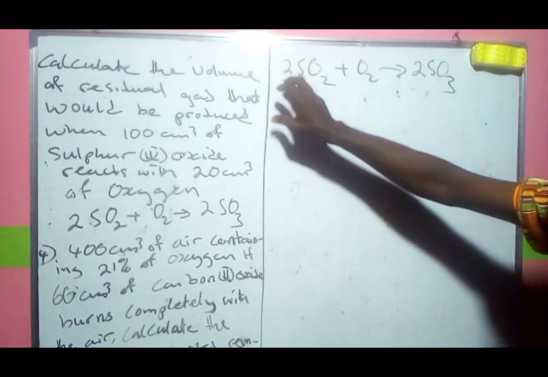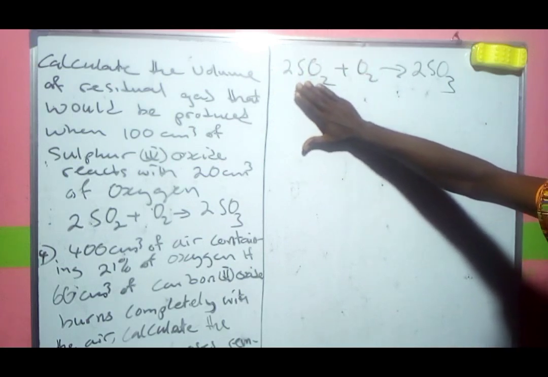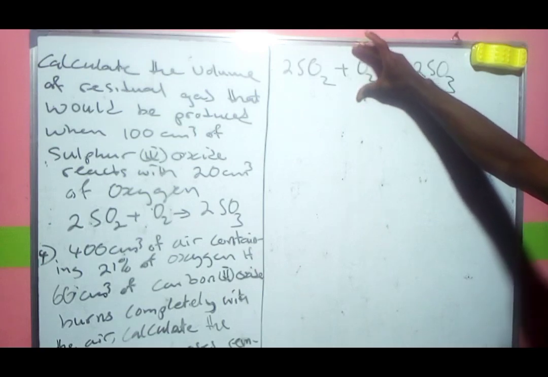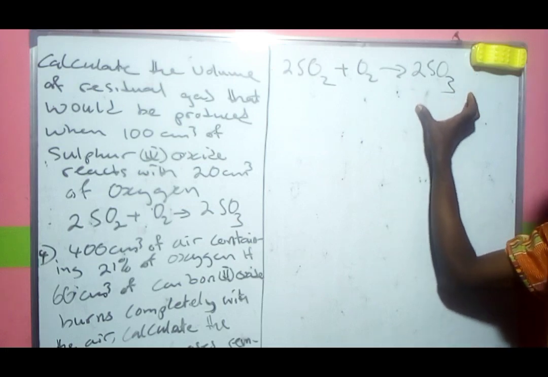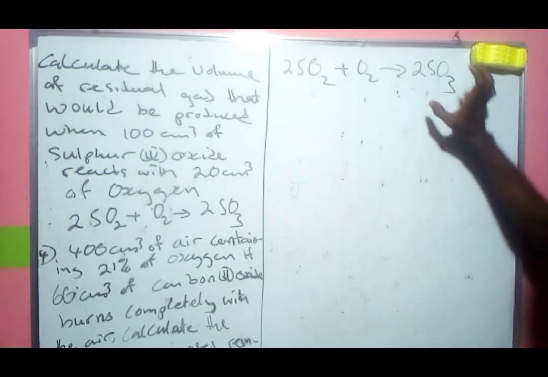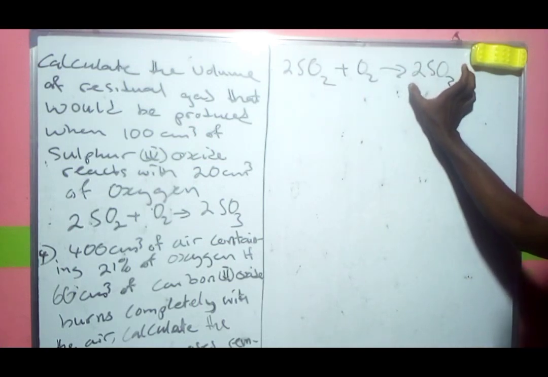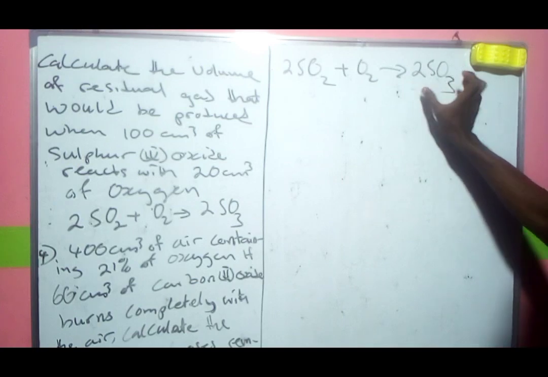For example, 2 cm cube of sulfur 4 will combine with 1 cm cube of oxygen to give us 2 cm cube of tetrasulfur 6 gas. So what will remain from here will be this 2 cm cube of tetrasulfur 6 gas. But that is not what we're looking for.